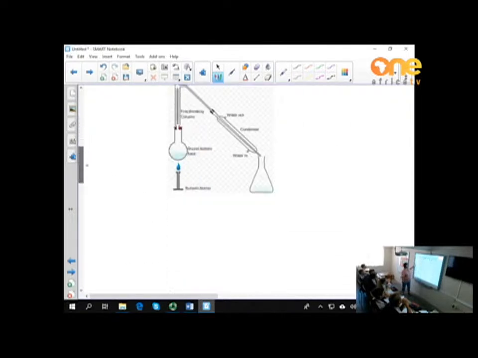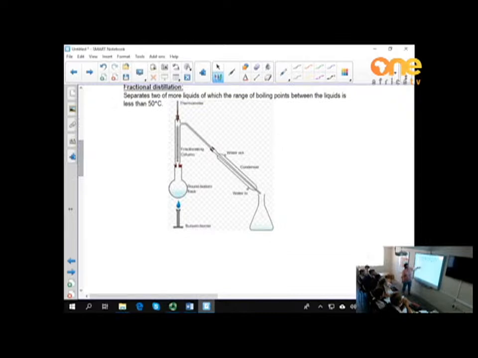By fractional distillation, we extend the neck of the flask with a long column, and usually inside that column we find something like glass beads. As the liquids vaporize, they rise up, but as they rise, they start cooling. The one with the lowest boiling point will be able to go up the highest before it condenses.